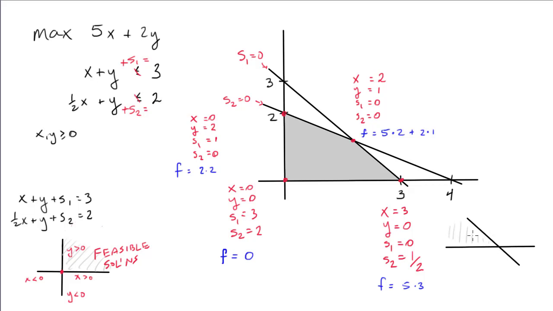Here I'm solving for x and s2. y and s1 are my free variables. y is positive, y equals 0 is the horizontal line, y is negative. s1 is 0, the diagonal line, positive and negative. And my feasible solutions are where everything's positive, and my corner is where they're both 0.